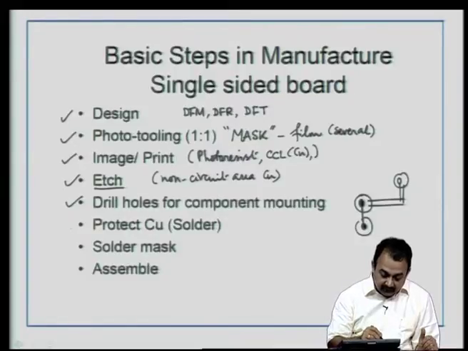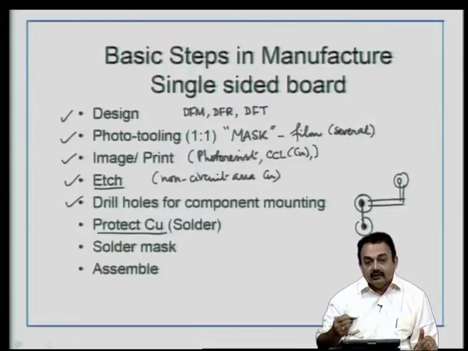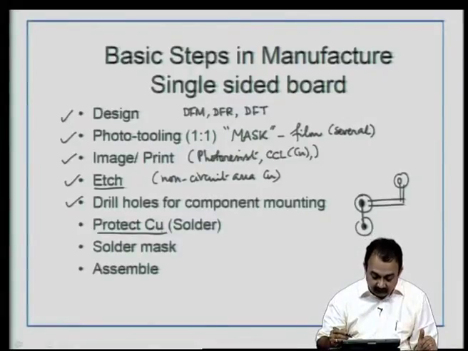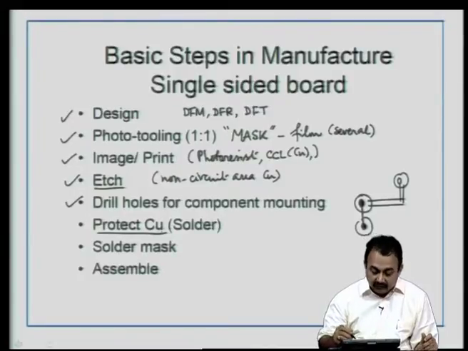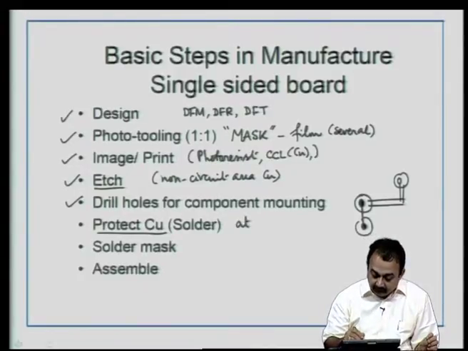Now, the copper that is generated, the circuit copper that is generated will now have to be protected, because the copper will interact with the atmosphere very fast and it will undergo oxidation. Therefore, you have to protect copper.